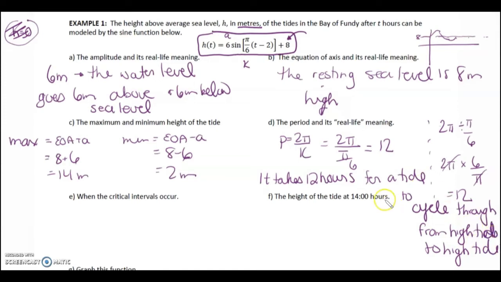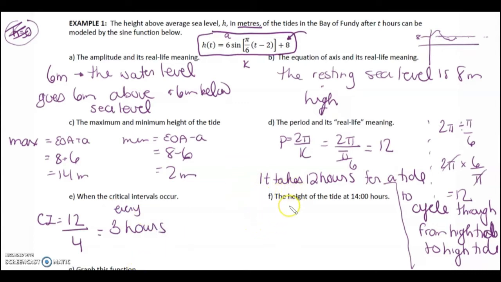Right? Because we start at high tide, we go to low tide, and then back up to high tide. E, when the critical intervals occur. So a critical interval is going to take our period, which is 12 hours, and divide it by 4. So every 3 hours, we're going to have a critical interval.